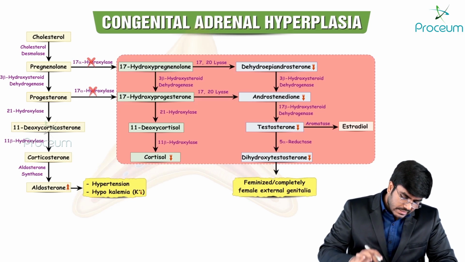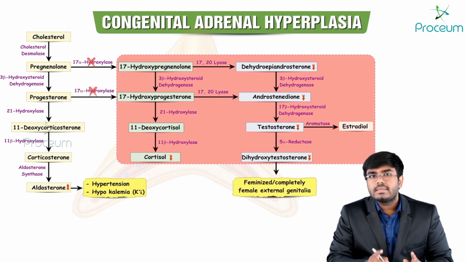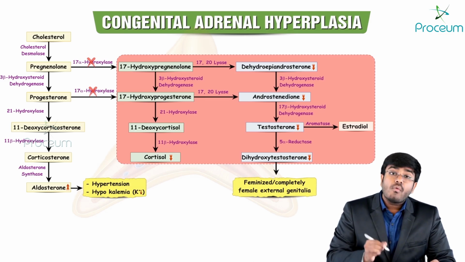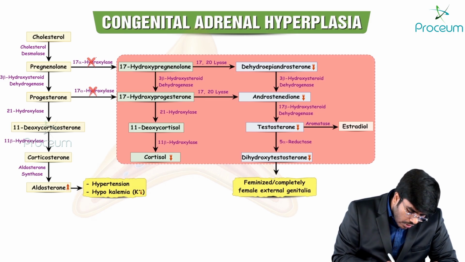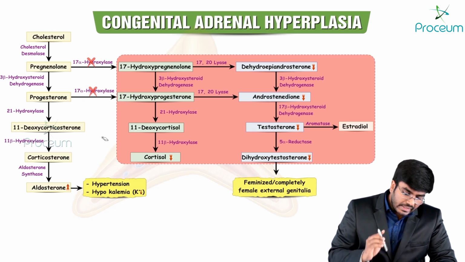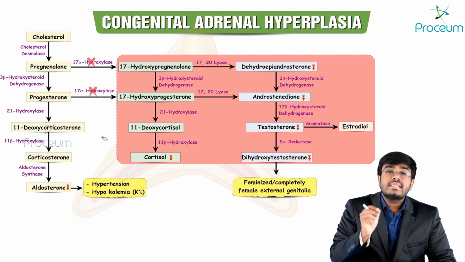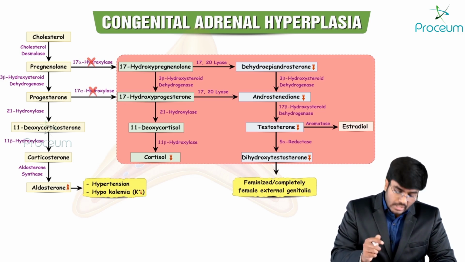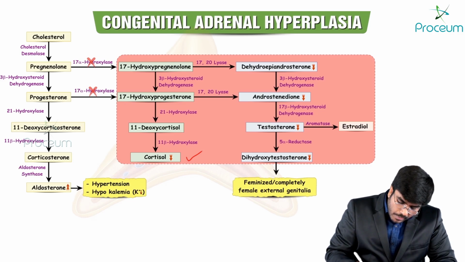Okay, now let's see one more variant of congenital adrenal hyperplasia where there is a deficiency of 17-alpha hydroxylase. Important point is that this enzyme is very important for the production of the cortisol pathway and the androgen pathway.